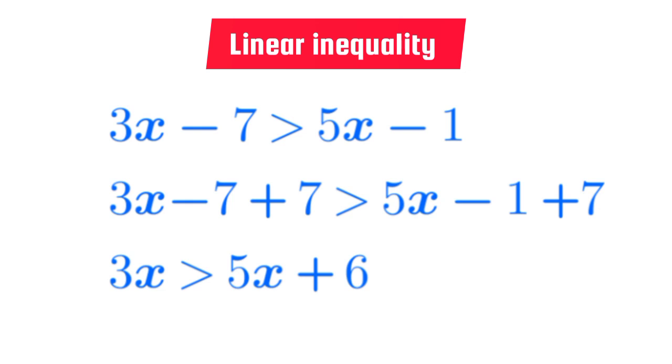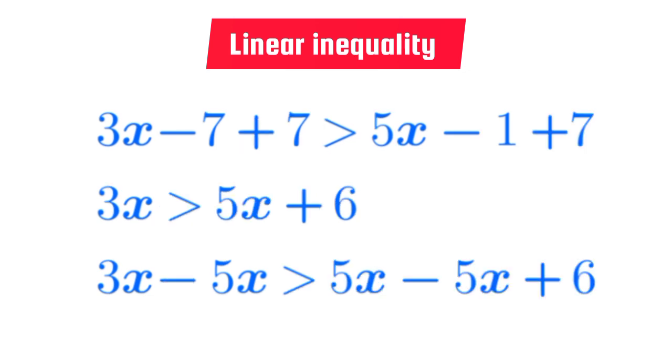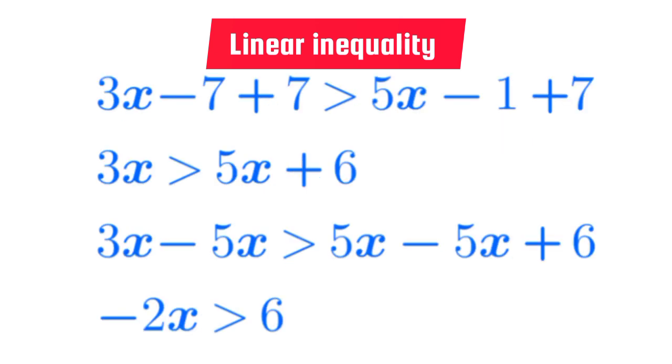Now again, in an attempt to make x the subject of the formula, we are going to add negative 5x to both sides of the equation. So on the left-hand side, we have minus 2x. Then on the right-hand side, 5x is going to cancel 5x, and we are left with just 6. So we have minus 2x is greater than 6.